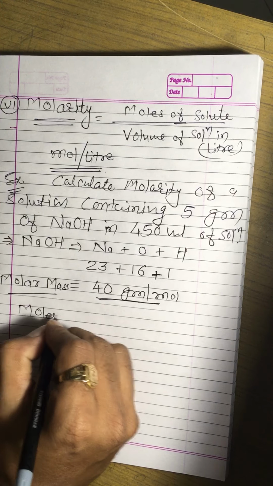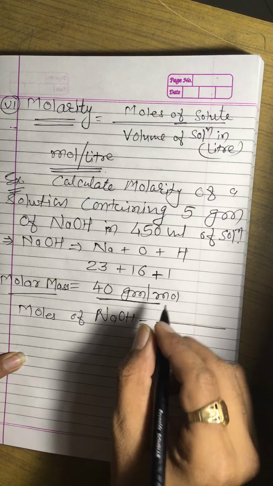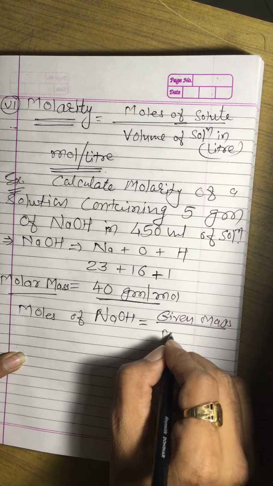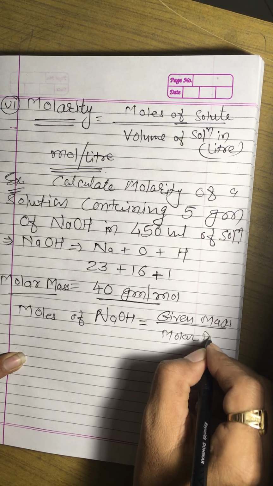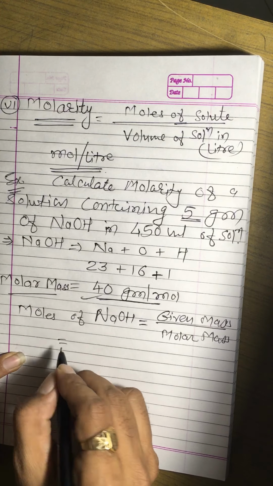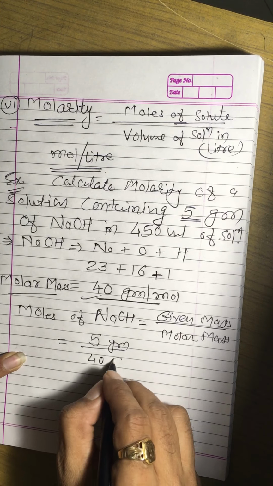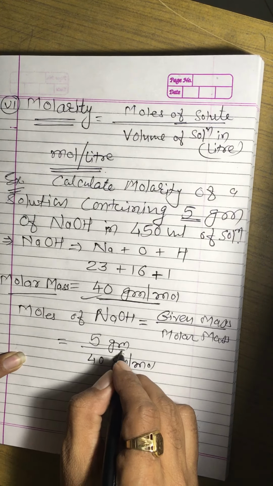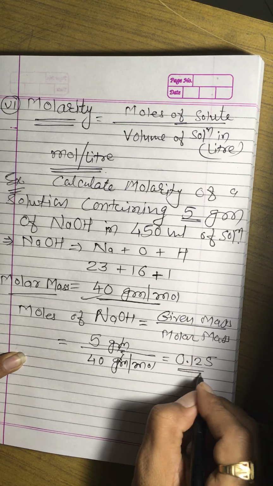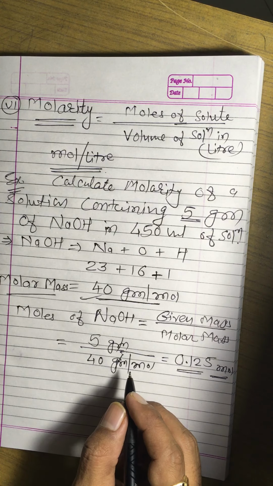Now moles of NaOH is equal to given mass upon molar mass, both for NaOH. 5 gram is given, so this is 5 gram upon 40 gram per mole. Gram will cancel and we obtain the answer 0.125 mole of NaOH.